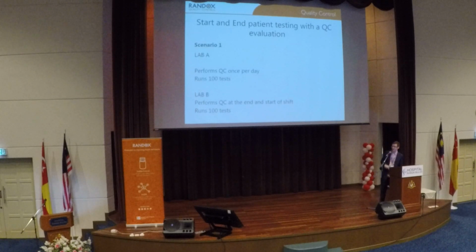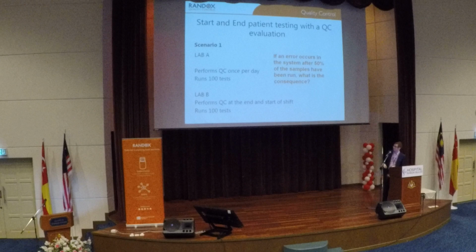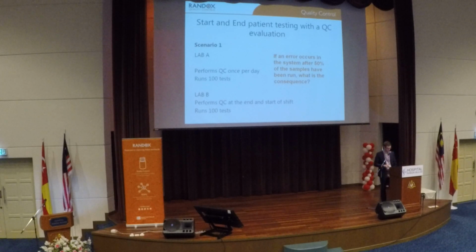So let's think about a scenario where Lab A performs QC 1 time per day, and they run 100 tests per day. And Lab B performs QC at the end and start of a shift, and they run 100 patient samples per day. So if an error occurs in the test system after 50% of the samples have been run, what is then the consequence?